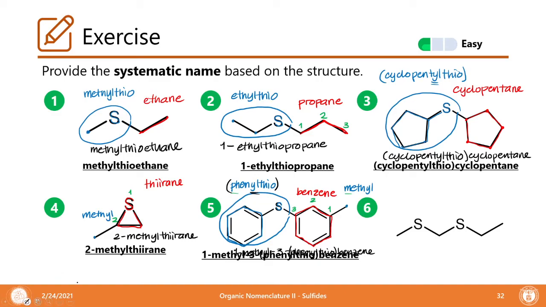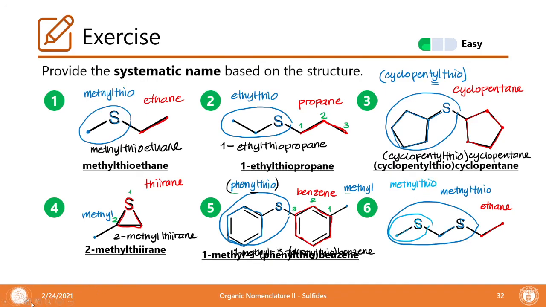Let's go to the next one. The longest chain is 1, 2, ethane. And then in the first layer, we have a methyl thio, methyl connecting to a sulfur group thio, and then within it we have another group, methyl thio.